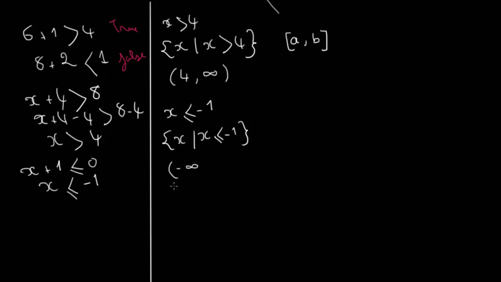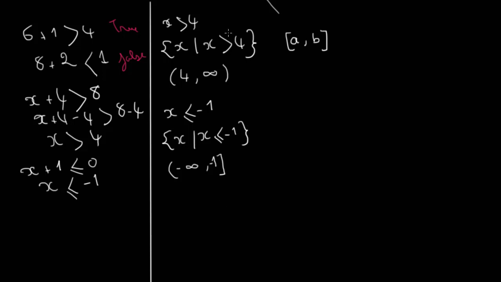It is just a symbol to represent infinity, or -infinity in this case. It means we're going from 0, -1, -2 to -infinity, and -1, and we add the bracket to close the notation from this side.